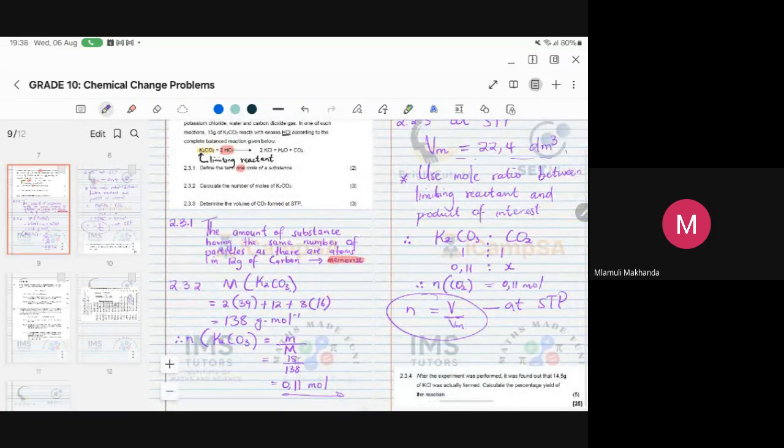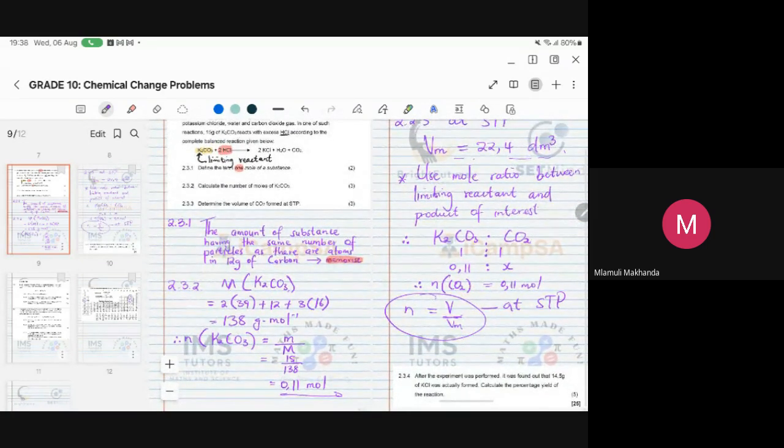It's only for gases at STP. So that means to find the volume, because we've been asked to find the volume, we're looking for this guy. V would be n times Vm equals 0.11 times 22.4 cubic decimeters.